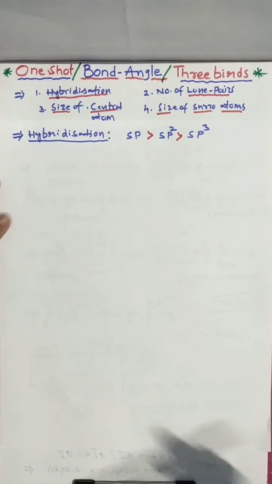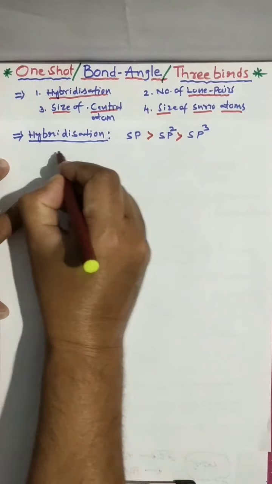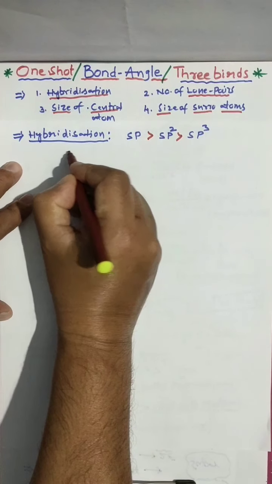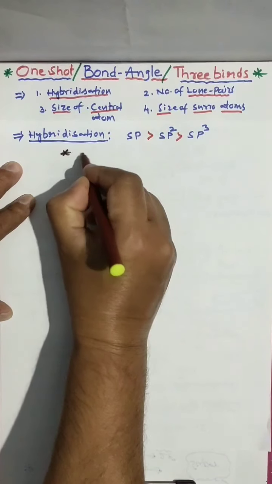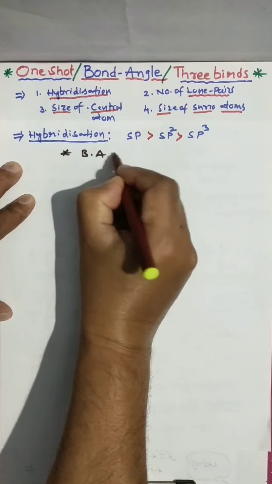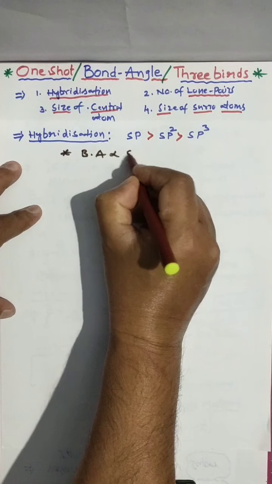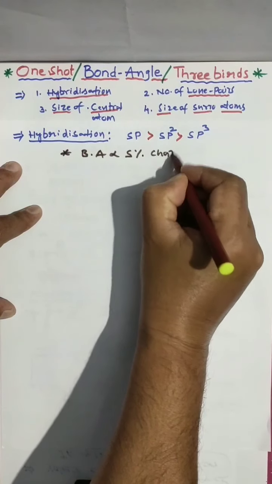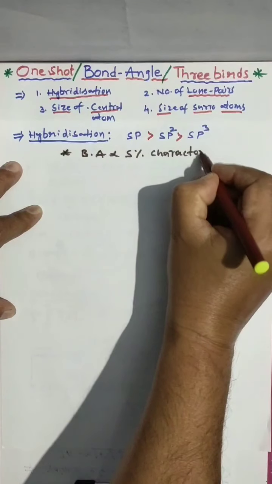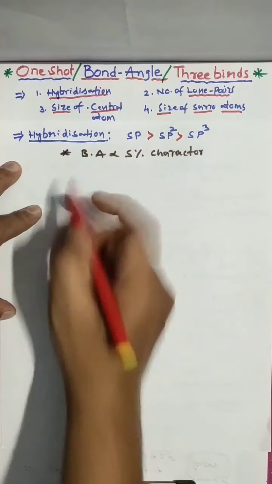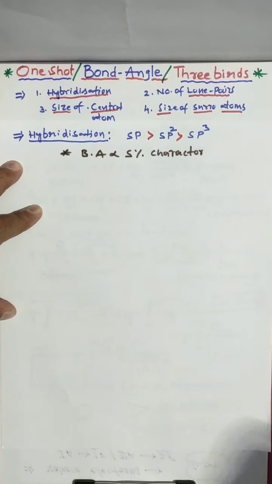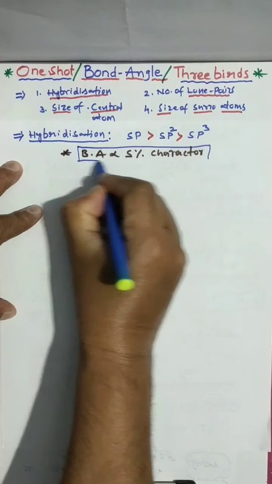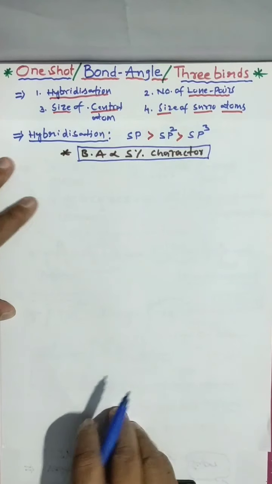Why like this? Bond angle depends on S character. You have to remember: bond angle is directly proportional to percentage of S character.